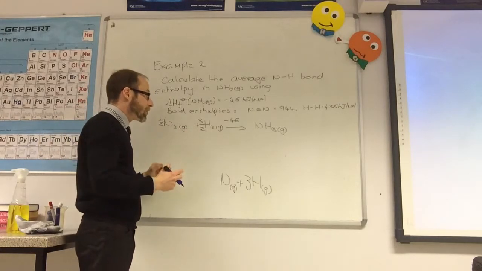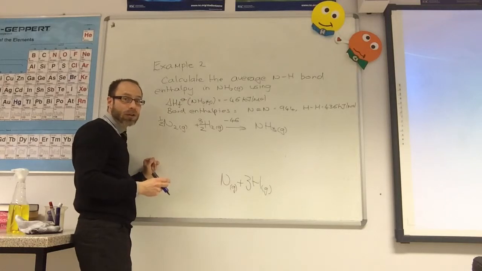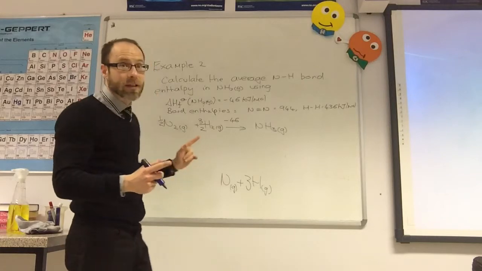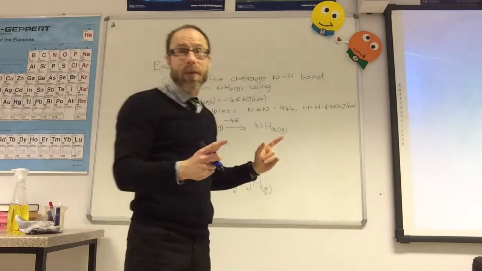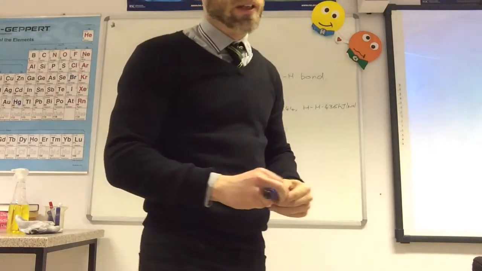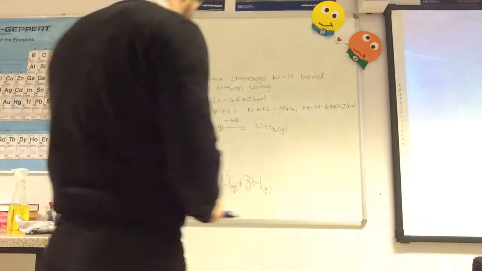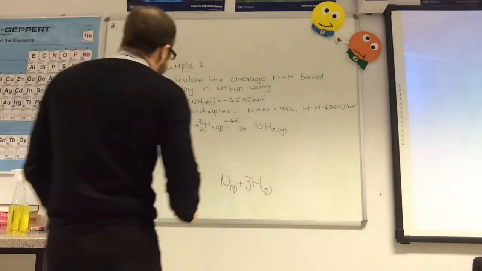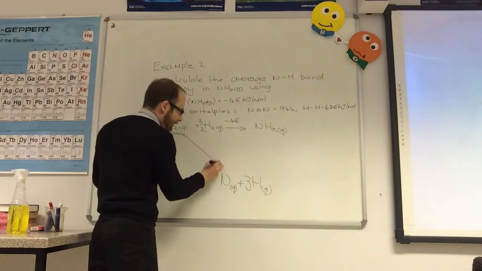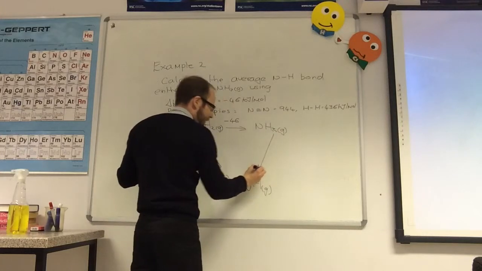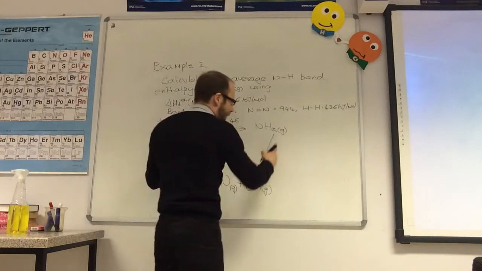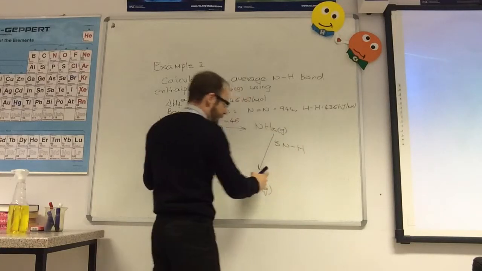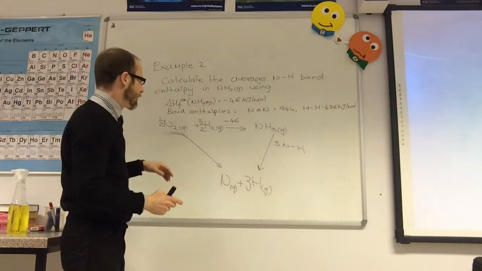Right, and my arrows are going to go, what, up or down for bond enthalpies? Bond enthalpy, is it making or breaking a bond that I measure? Okay, so my arrows are going to go down. This arrow is related to 3 NH bonds because I'm breaking 3 NH bonds.